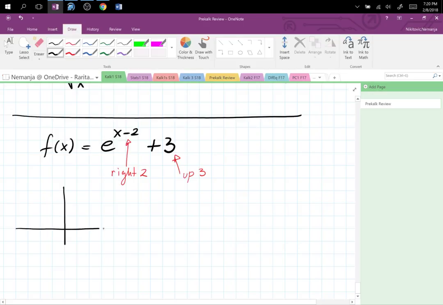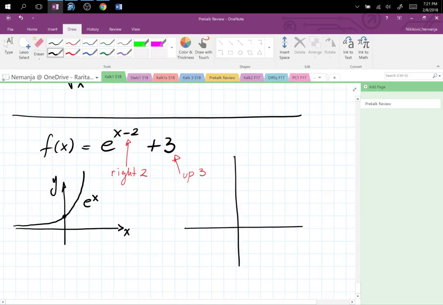So e to the x. We are going to go through 1 and go up, and that's e to the x default state. For our problem, instead of being at 1, I need to go 1, 2, 3 units up and 2 units to the right.